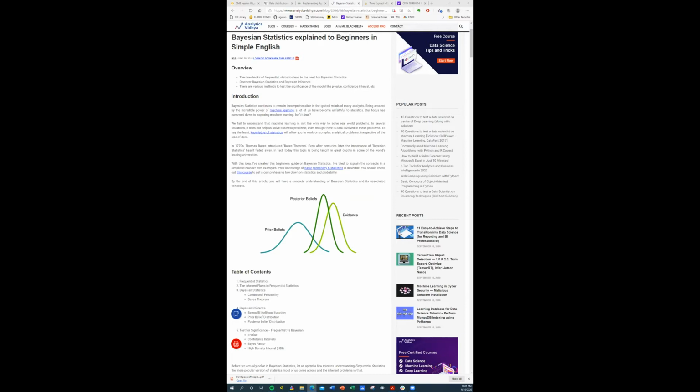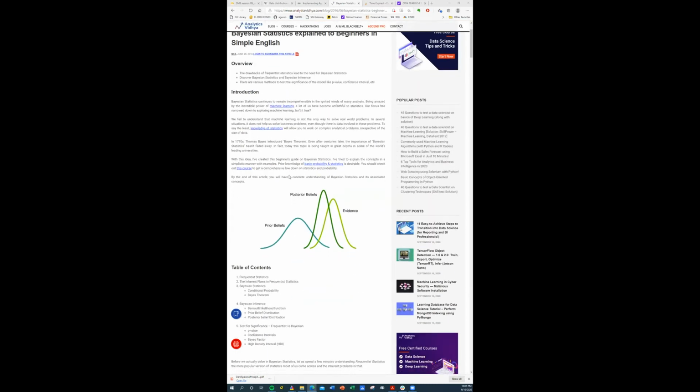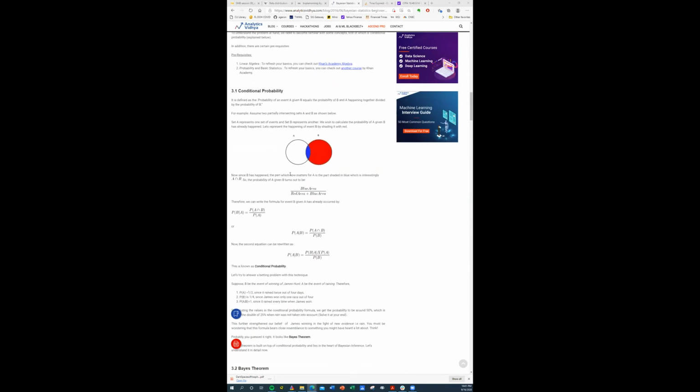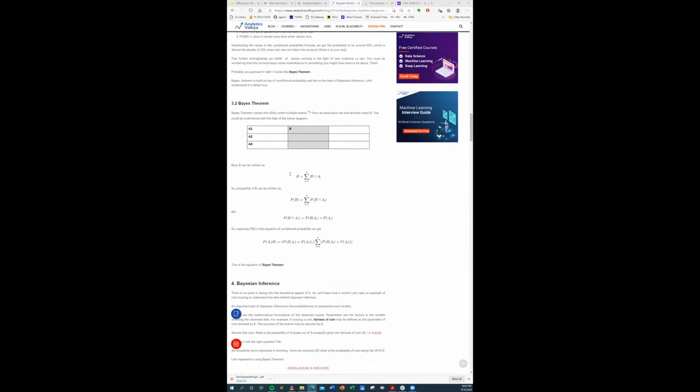So, this is a nice little article from Analytics, which is a nice site. I'm sure you all know it if you've been dealing with any of this. But the bottom line is, anytime you have a conditional probability, okay, you kind of have a Bayesian circumstance.